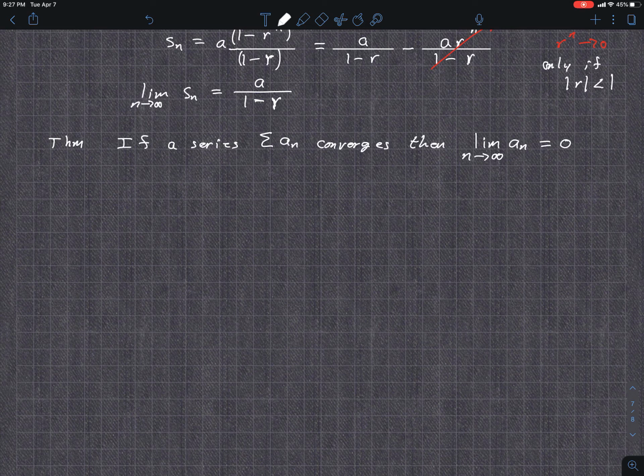So if the series converges, then it has to be true that the limit of the nth term of the series approaches 0.